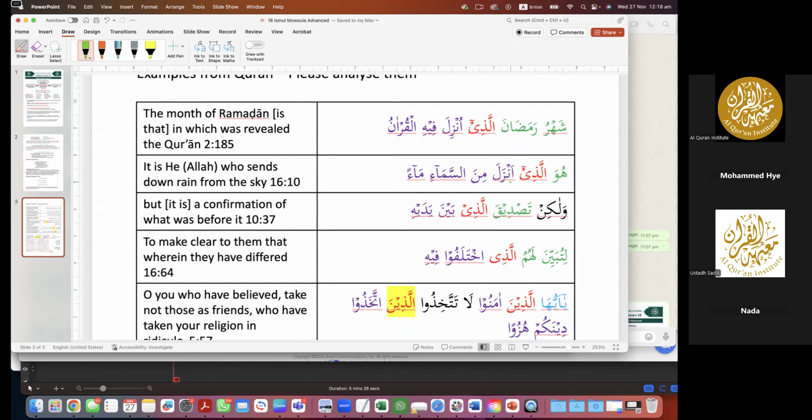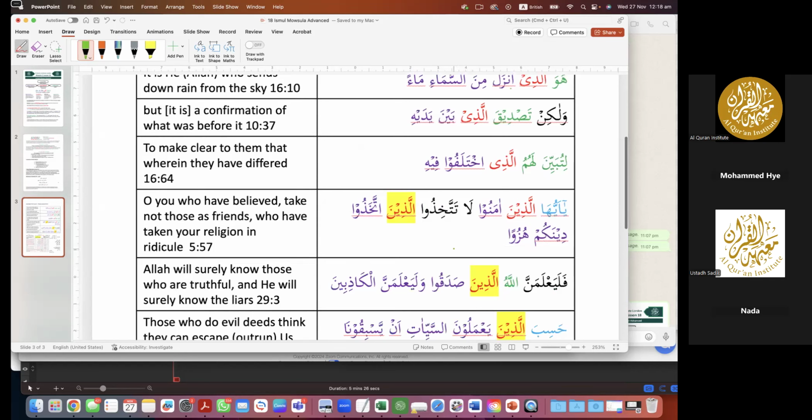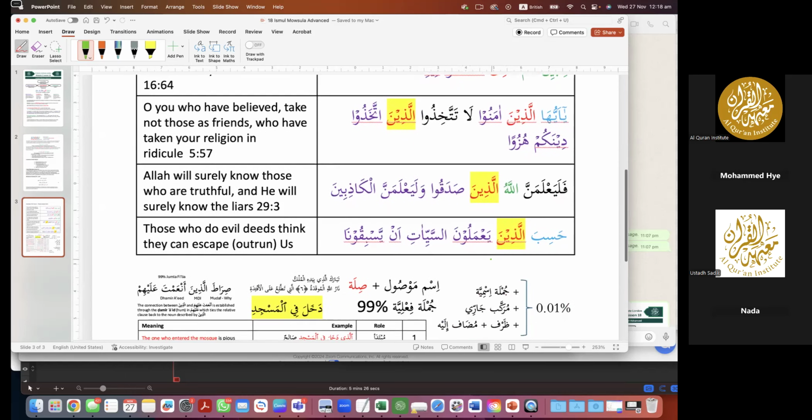Silatul Mawsul we are talking about. Jumlatul Fi'liya, right? Allazi baina yadayhi. This is not Jumlatul Fi'liya. This is part of that 0.01%. Allazi ikhtalafu, what is this? Fi'l. Correct? Jumlatul Fi'liya. Ittakhadhu fi'l. Allazi sadaqu fi'l. Allazi ya'maluna fi'l.